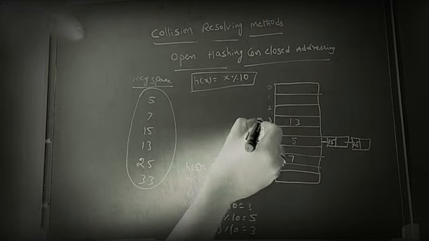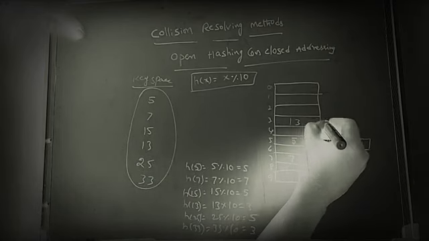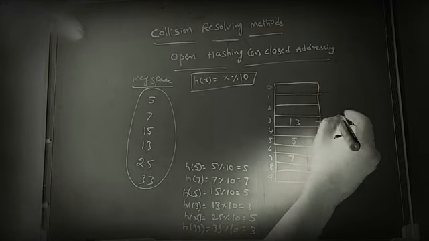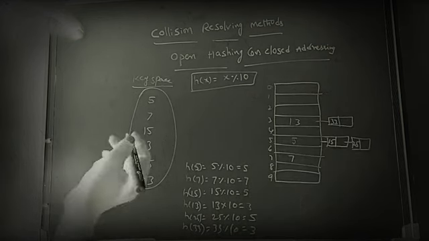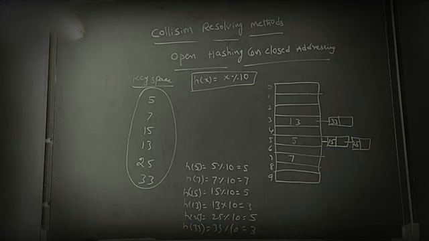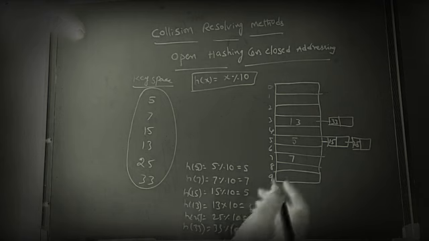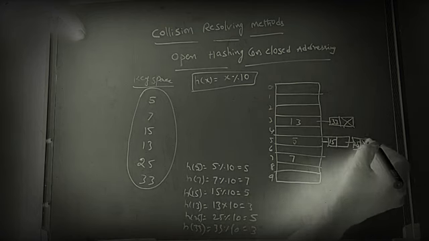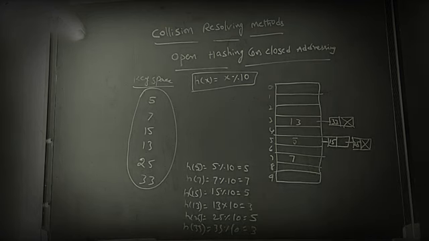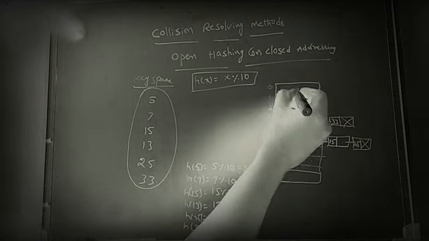The third index already has element 13, so extend the connection and store 33 there. No other elements are left in the key space, so if there is no element, the list is closed with a null pointer. The remaining positions are empty as usual.